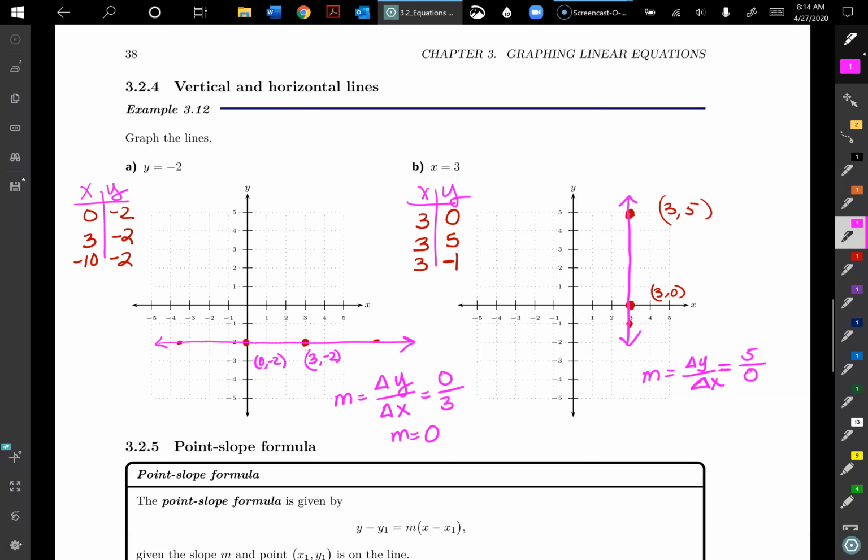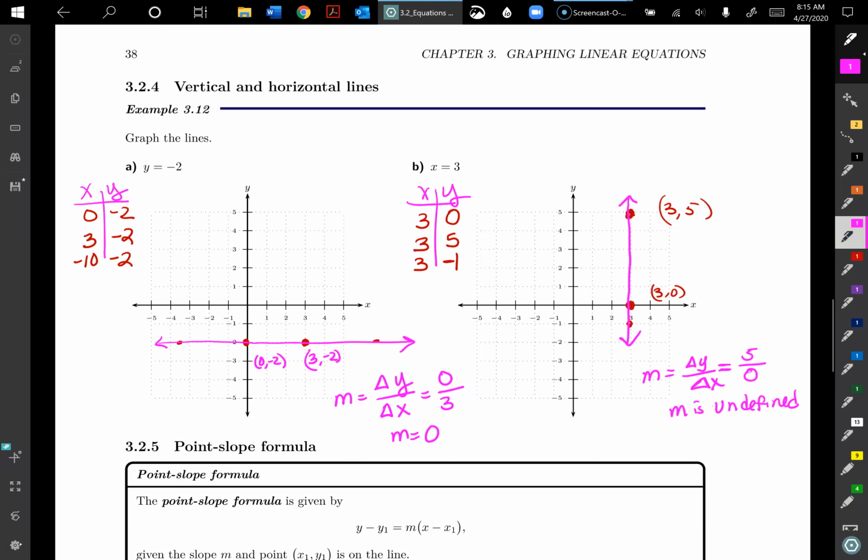And remember, that is undefined. So slope is undefined. You could say DNE, I think, on your electronic homework. I prefer undefined. Makes more sense to me. But vertical lines are always going to have undefined slope. I hope that helps.